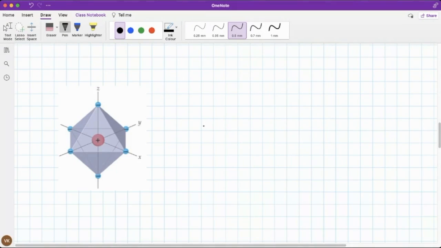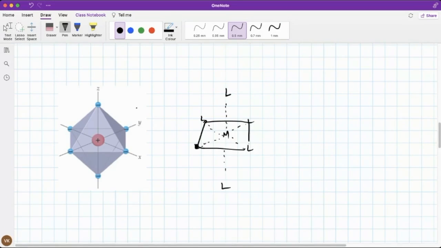So say you have a plane like this, you have a ligand, let's say L, and you have a metal at the center, like a square planar structure. In addition to these 4, you have 1 ligand above and 1 ligand below the plane. So this is the octahedral geometry. Remember how the octahedral geometry is.